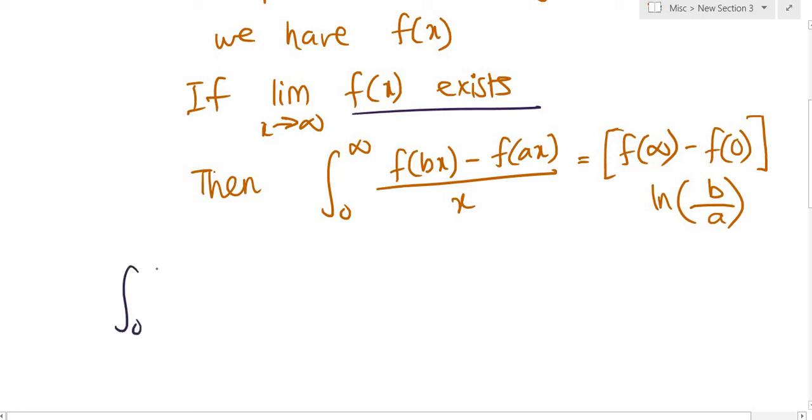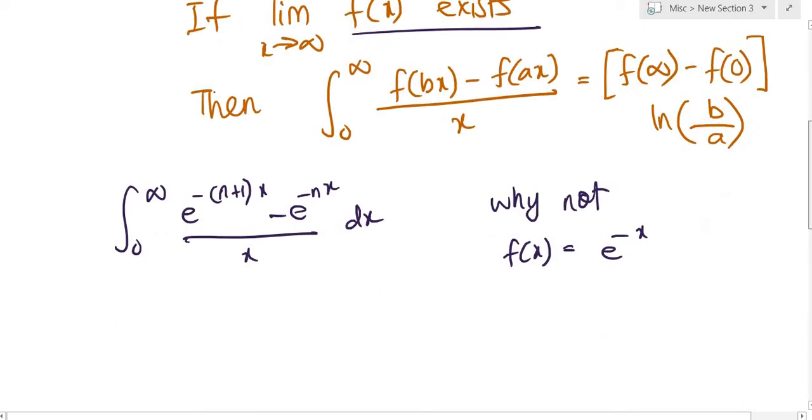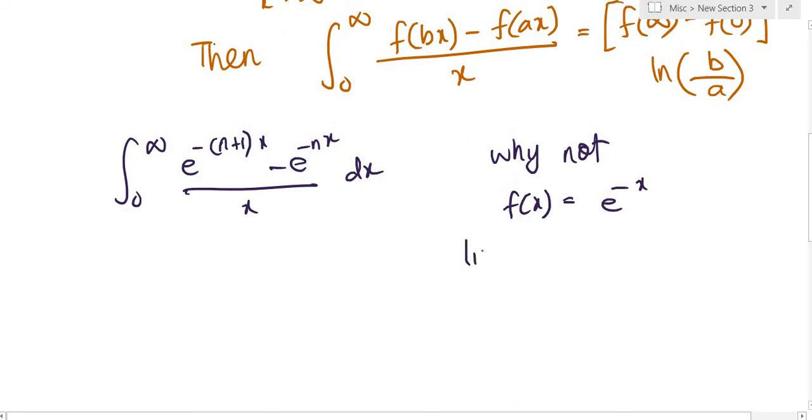We had the integral from 0 to infinity of e raised to negative n plus 1 times x, minus e raised to negative n x, over x dx. So why not define f of x to be e raised to negative x? Because the limit as x tends to infinity of e raised to negative x is 0, so it exists, it doesn't diverge, it has a real value.